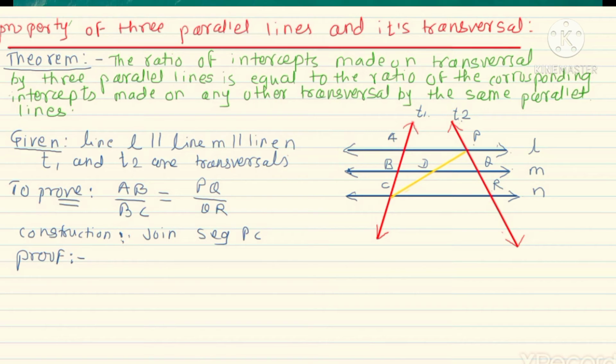Now students, if you observe that figure, you notice that there is a triangle ACP in which segment BD is a part of line M, which is parallel to segment AP, which is a part of line L, and we are given that line L is parallel to line M. So we can say that segment BD is parallel to side AP.